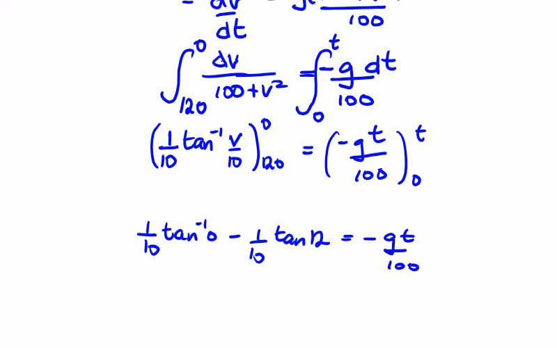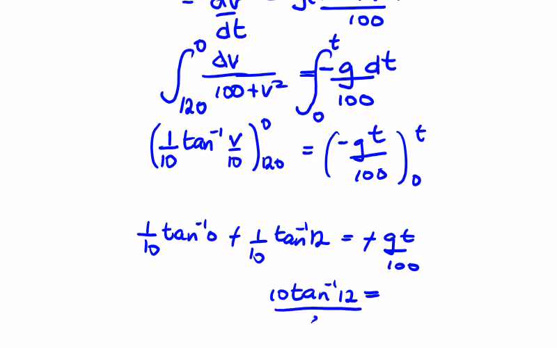If we multiply by 100, we're going to get 10 by the inverse tan of 12 will be equal to, we can make both positive on the line here, gt.